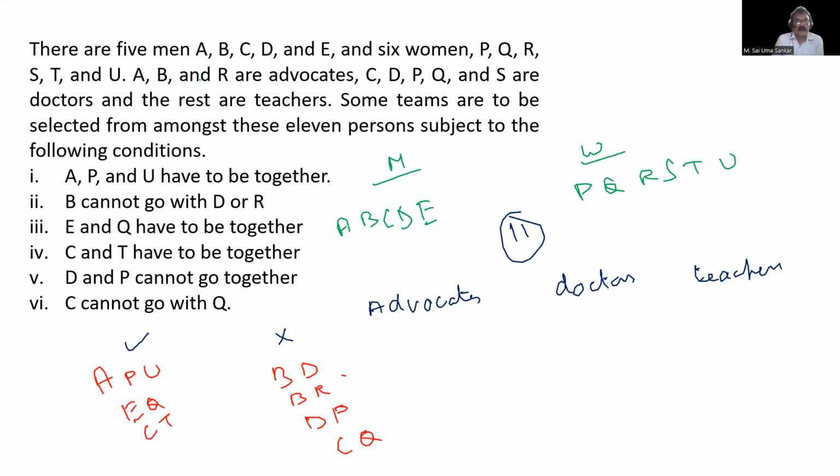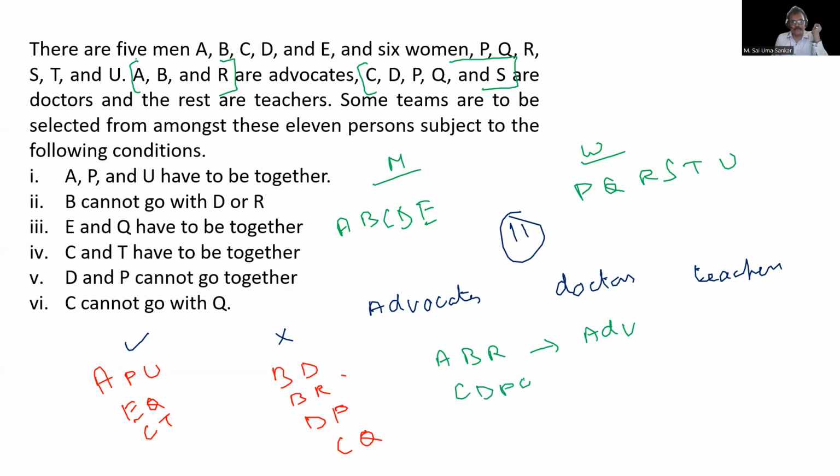Yes, here a condition is there. A, B, R are advocates. C, D, P, Q, S are doctors, and the rest are teachers. This is very, very important.